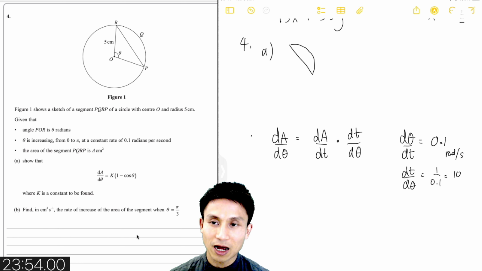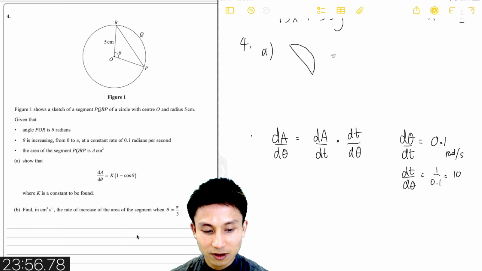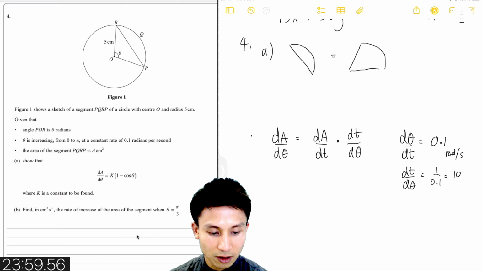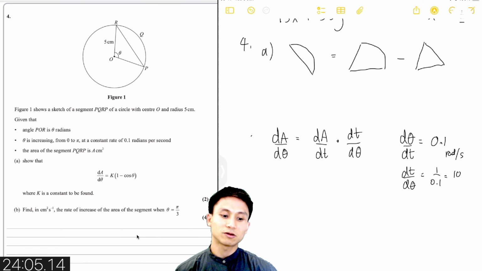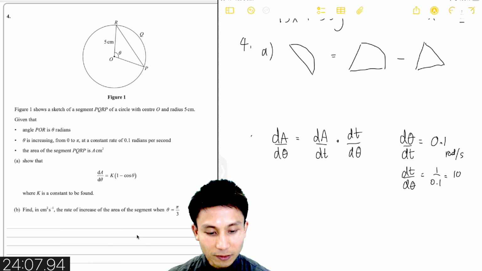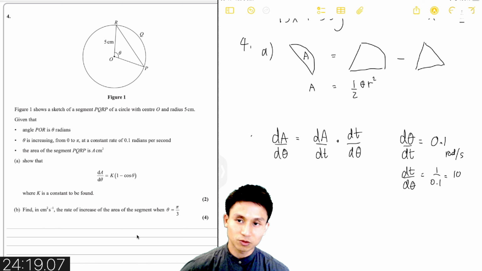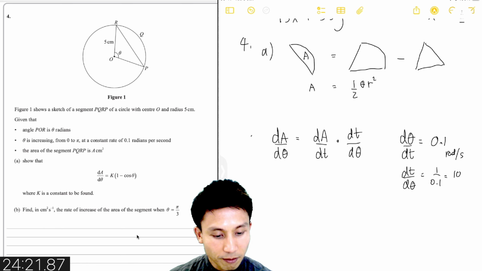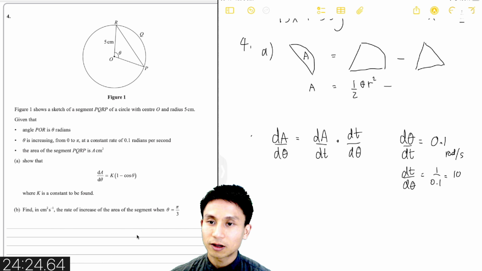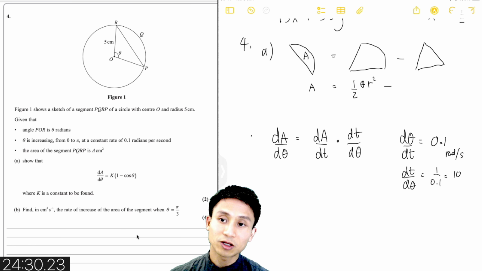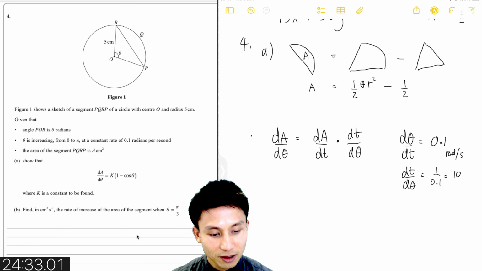So that can be found by finding the sector minus the area of the triangle. I'm just drawing it out so that you can understand as well. So this A, which is the area we want, is the area of the whole sector, which is 1/2 theta r squared, if theta is in radians. Minus, because the radius is 5 on the sides OR and OP there, we can use a sine formula, half ab sine theta.